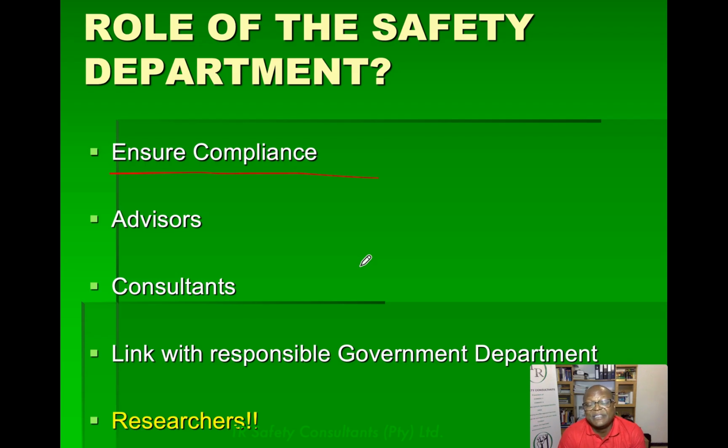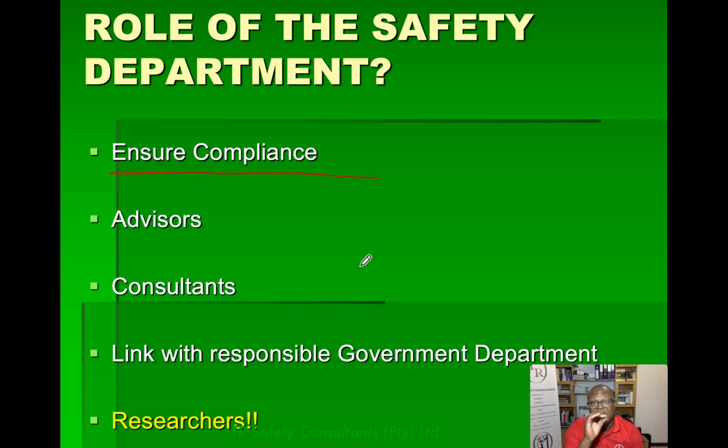It means it's an instruction to sort out whatever dangerous occurrences or whatever non-compliance issues might have been picked up by the inspector. And at the same time, there is an option for the inspector to give a fine to the mine. But the question is, can your safety department actually give a section 54 according to the Mine Health and Safety Act and a penalty? That's where the catch is.